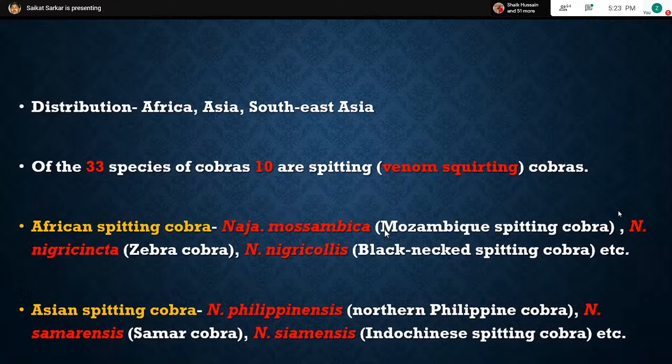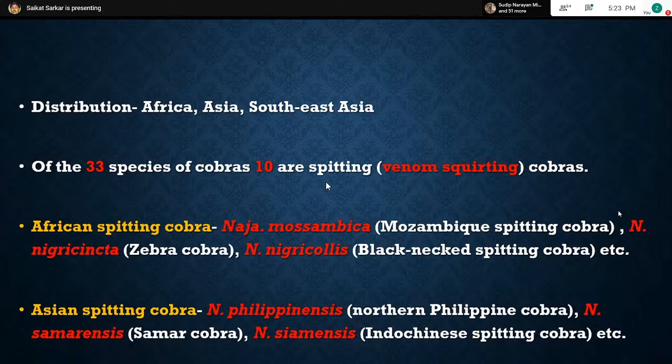Now, of these 33 species, at least 10 are spitting cobras. Actually, the term spitting is not scientifically right because they cannot actually spit. They can squirt venom. They can throw venom. They have a mechanism of throwing venom, but spitting means with the help of the tongue. They cannot use the tongue in throwing venom, so it is not truly spitting.